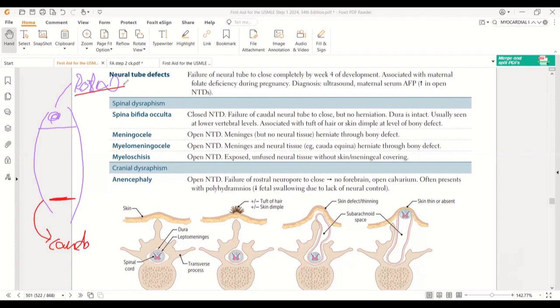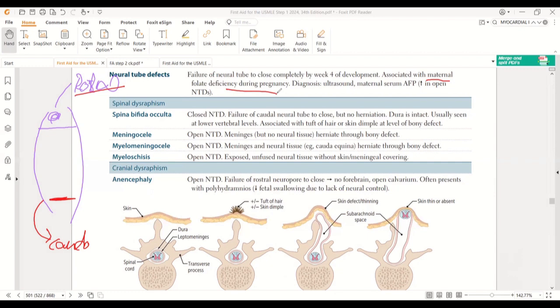Okay, so neural tube defects are associated with which thing? Neural tube defects are associated with folate deficiency and maternal diabetes. So maternal diabetes and folate deficiency increase the risk of neural tube defect, right?